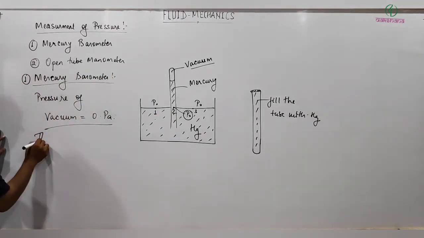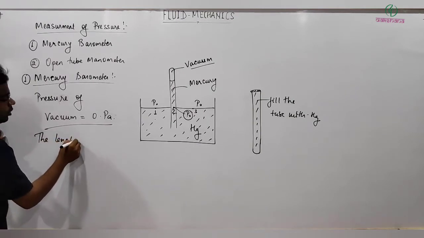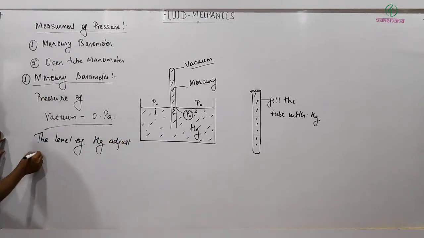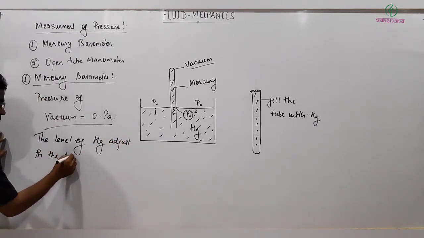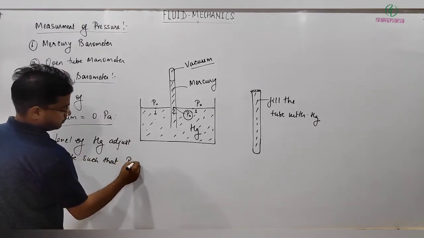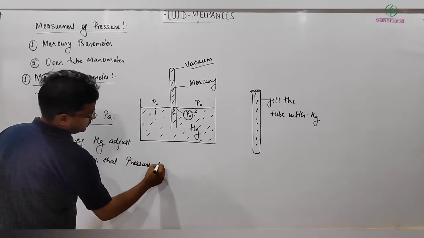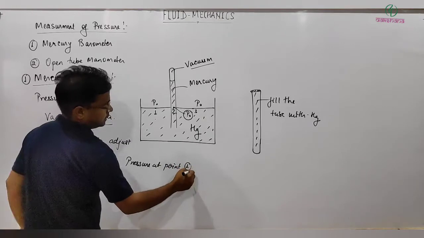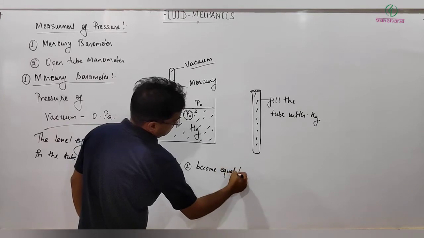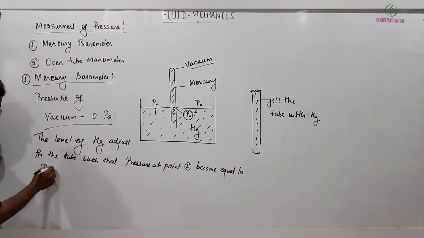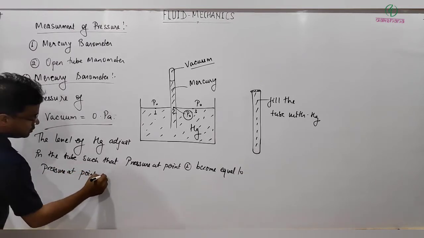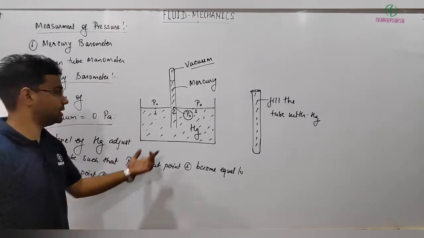So the level of mercury adjusts in the tube such that pressure at point 1 becomes equal to pressure at point 2. This is actually the mechanism.